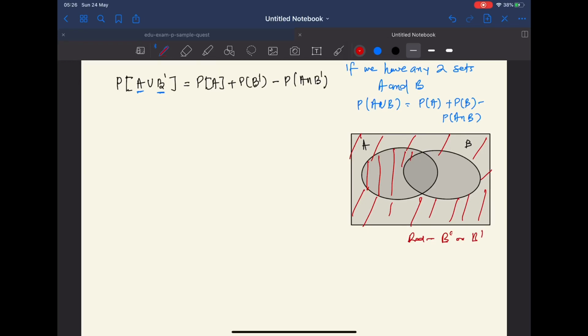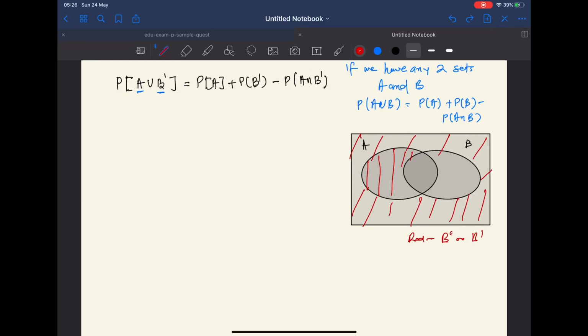Now, A intersection B prime is the set A intersecting with everything outside the set B. Are we okay?